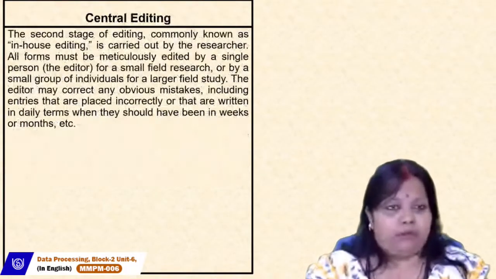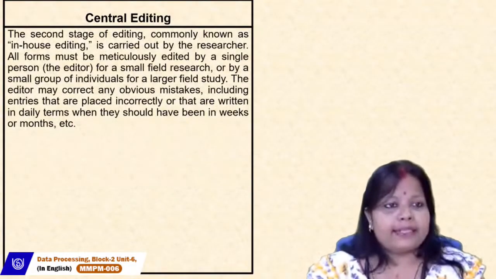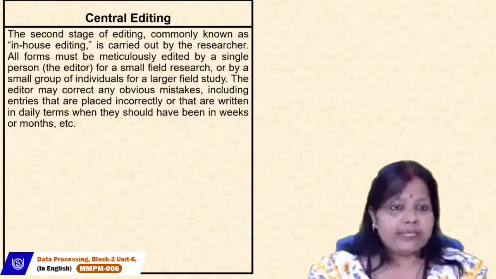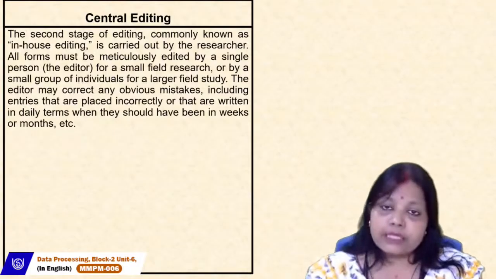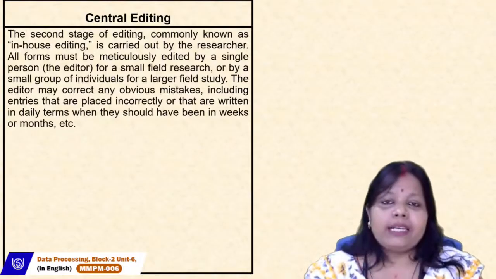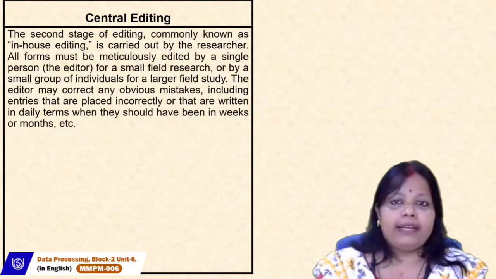Now the second step is central editing. Central editing, commonly known as in-house editing, is carried out by the researcher. If it is possible, we complete the editing part in the field only, which is well and good.